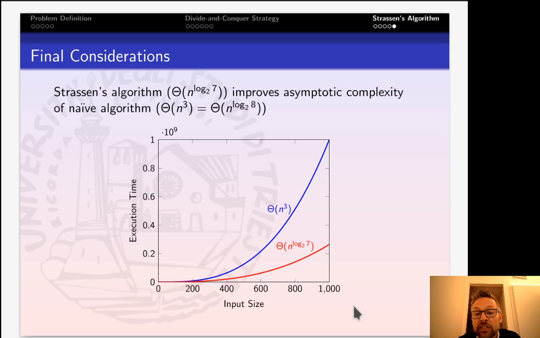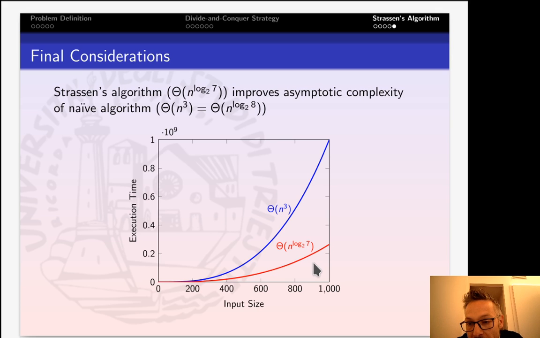As a matter of fact, if we plot the two complexities as I did in this slide, you may see how the blue line, which is the divide and conquer and the naive algorithm complexity, is rather steeper than the complexity of the Strassen algorithm. So the Strassen algorithm is again not quadratic, more than quadratic.